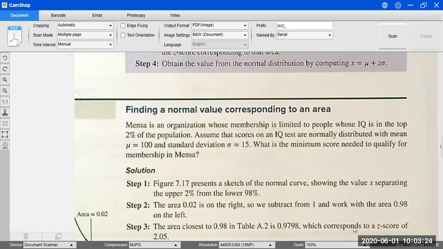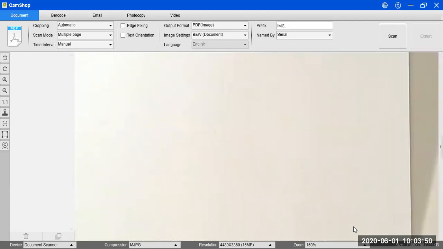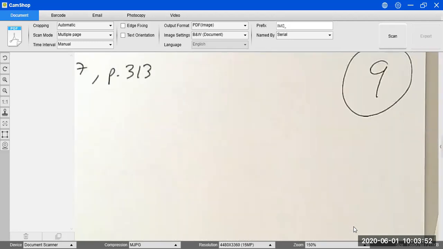The IQ scores are normally distributed with mean mu equals 100 and standard deviation sigma equals 15. What is the minimum score needed to qualify for membership in Mensa? So let's have here our problem now.